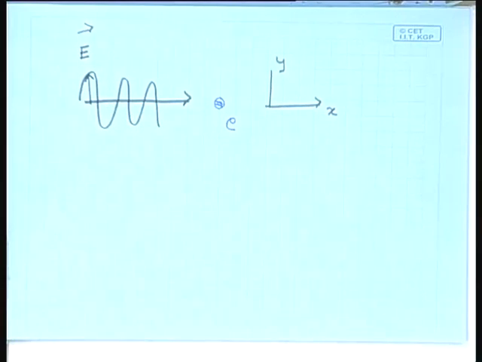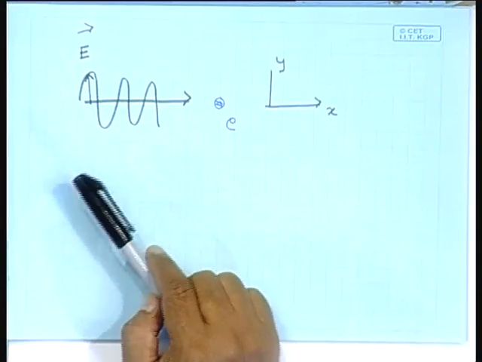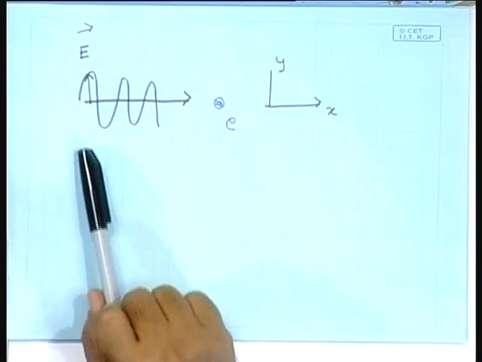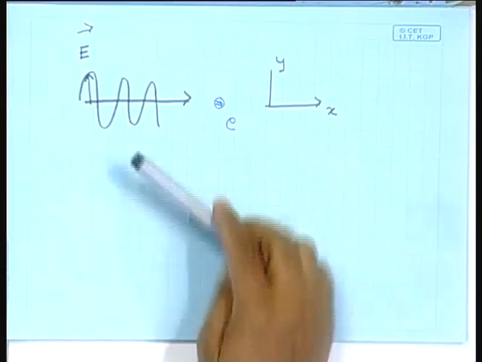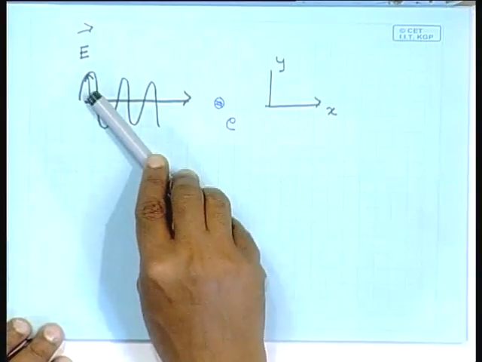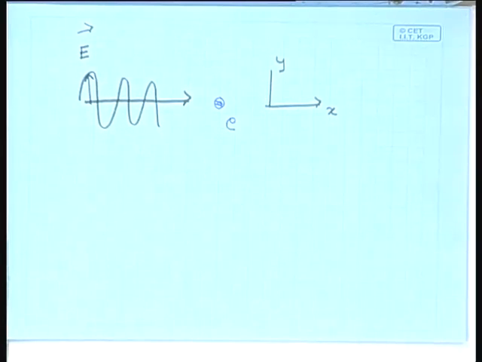We are going to deal with only one of the two possibilities where it is aligned with the y axis. So, there will be another component which is aligned with the z axis. I am not going to talk about that. So, for our discussion here, we will think of only one component of the electric field which is oscillating up and down the y axis.